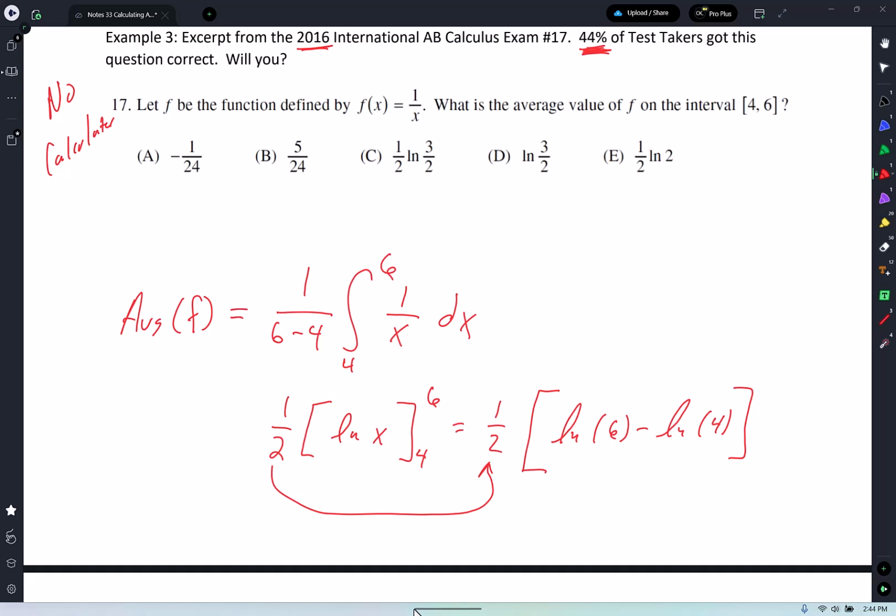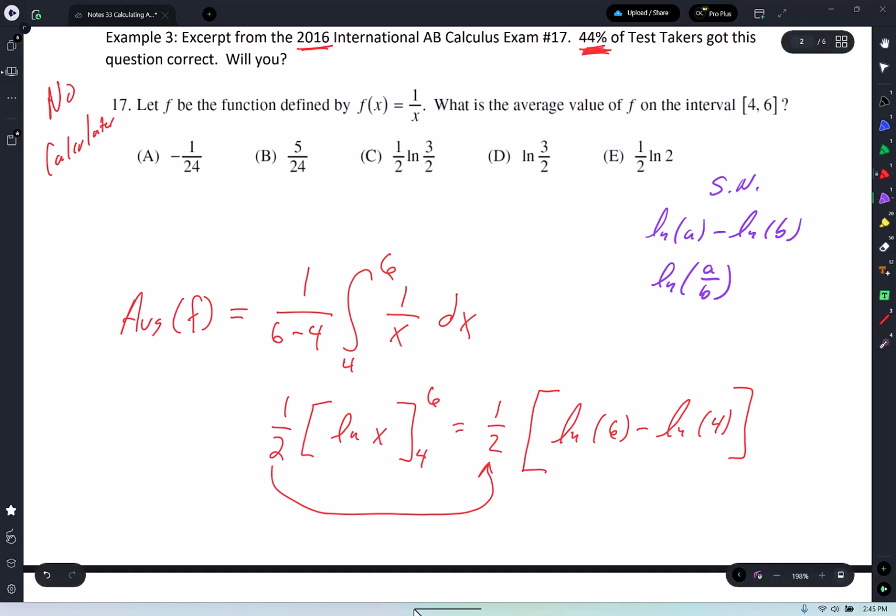Properties of logs, I'll write it over here. Side note: ln of A minus ln of B, as long as B is not 0, is ln of A over B. So here we go: 1/2 bracket ln of 6 over 4.